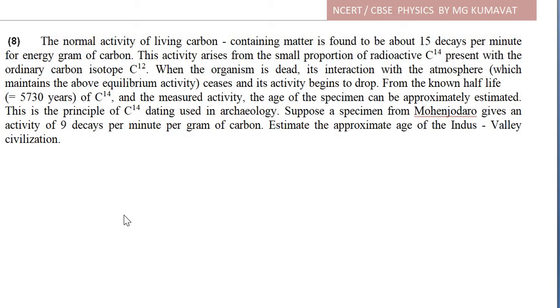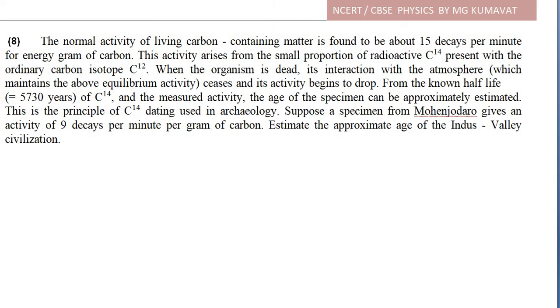From the known half-life of C14, given to us as 5730 years, the age of a specimen can be approximately estimated. This is the principle of C14 dating used in archaeology. Suppose a specimen from Mohenjo-daro gives activity 9 decays per minute per gram of carbon. Estimate the approximate age of the Indus Valley civilization.